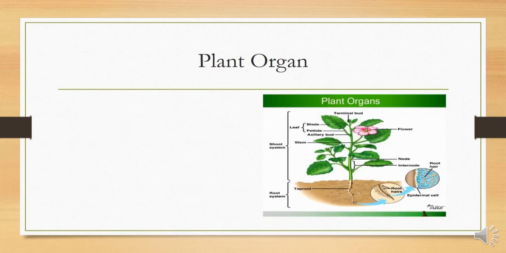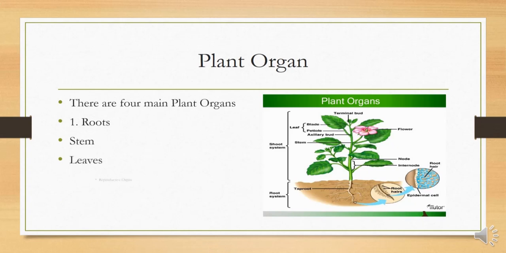So, as we said yesterday, a plant has four main organs: roots, stem, leaf, and flowers. The root is the main organ, then the stem, the leaves, and the reproductive organ, which is the flower.